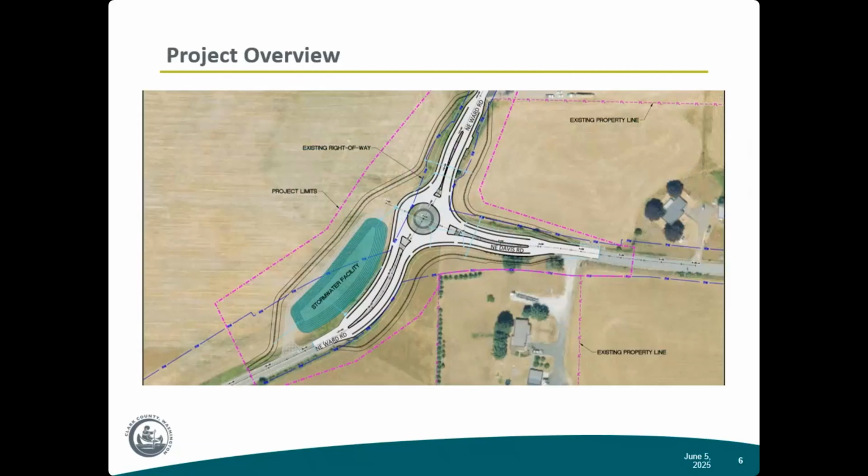You can see that larger green area on the bottom left. That's going to collect the stormwater in the area and treat it. That's an infiltration facility that treats the water before it goes into the ground. You'll see the curvature, the chicanery, that enters the roundabout, and that's one of the traffic calming design efforts there.